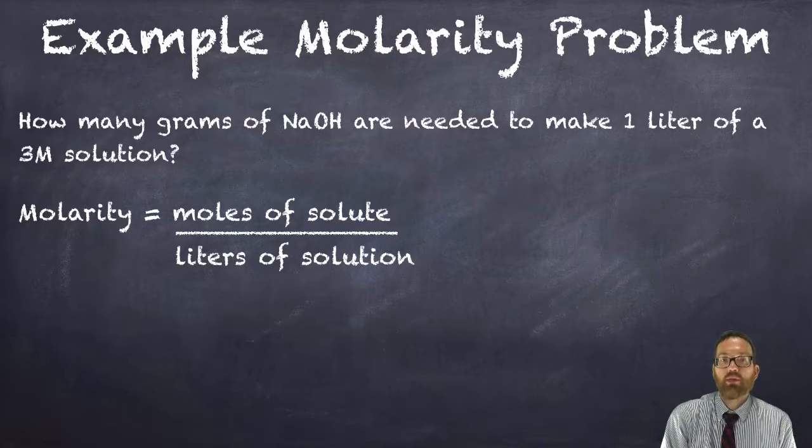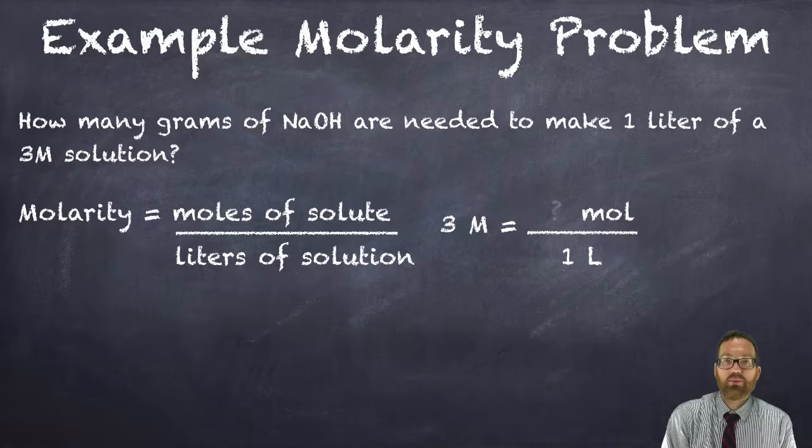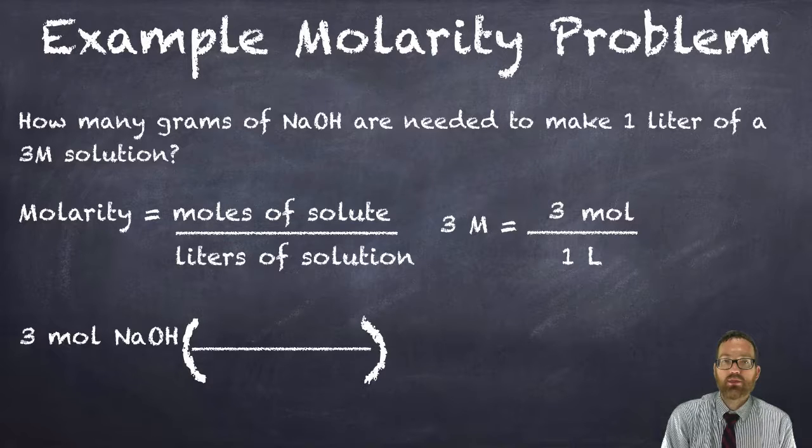First, we need to figure out how many moles we need, and then convert from moles to grams using a conversion factor. So I want to make a 3 molar solution, and I want to make a liter of it. So I need to know how many moles I need to do that. So we can just cross multiply here. 1 multiplied by 3 is 3. So I need 3 moles of NaOH in 1 liter to make a 3 molar solution.